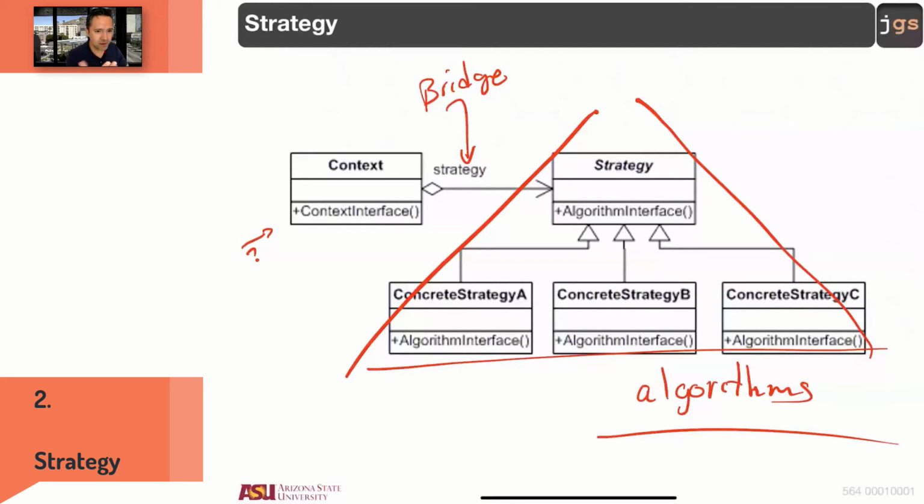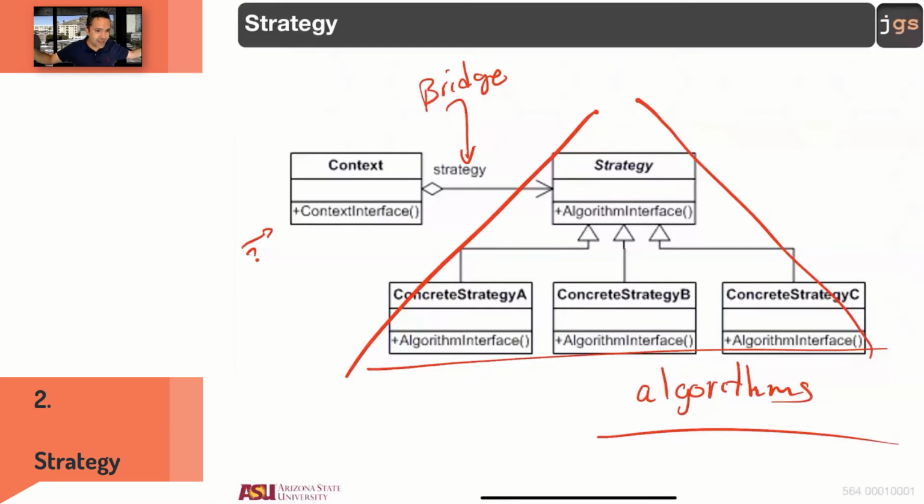When you say, I am going to use a strategy, what you are telling is, I am going to have a family of algorithms, and that family is going to be connected in real time with another part of your software. When you say, I am going to use a bridge, it's like, I have two families, could be whatever. I do not know what they are doing, but they are two families.